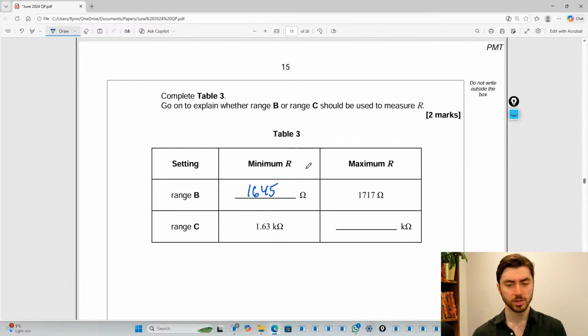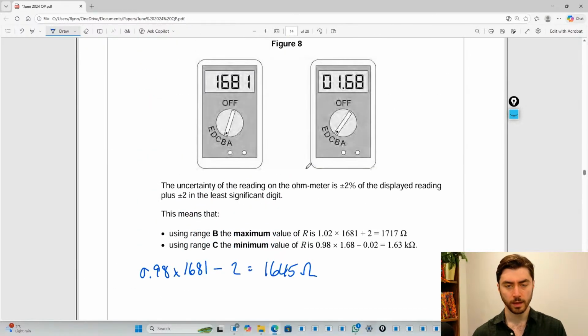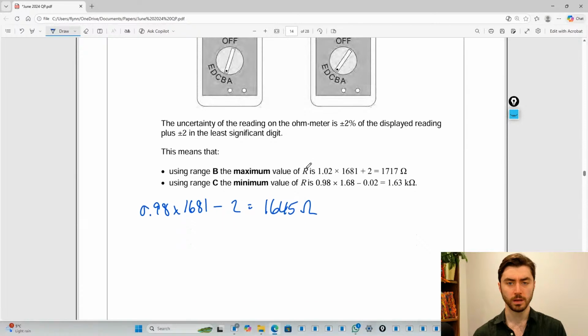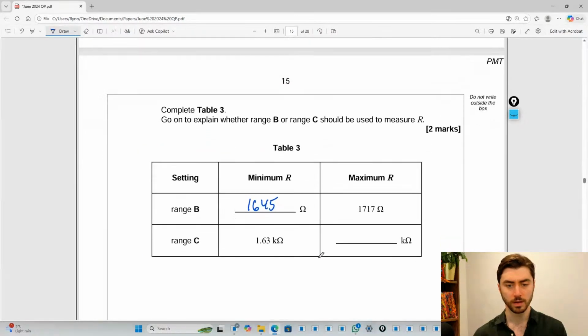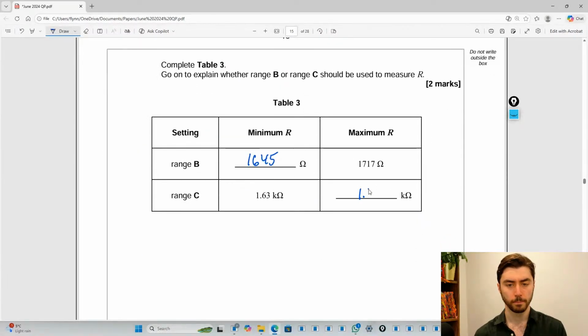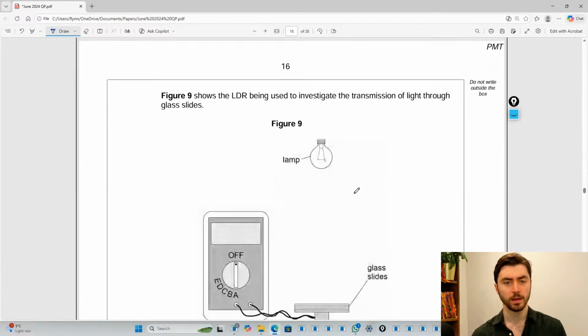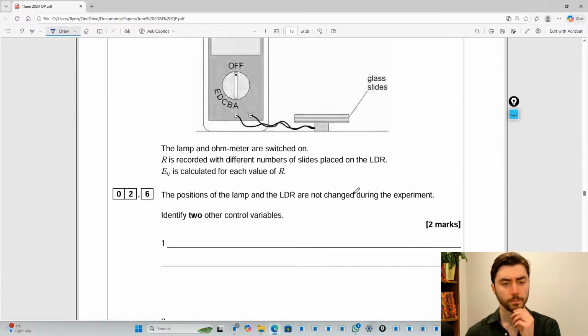And on range C, the maximum will be 1.02 times 1.68 plus 0.02 times 1.68. So this is 1.73 kiloohms.